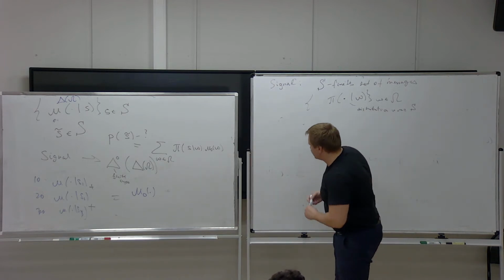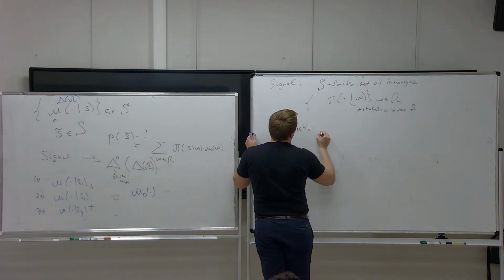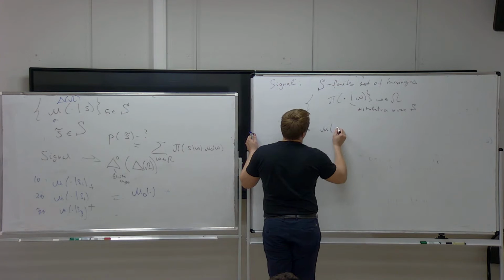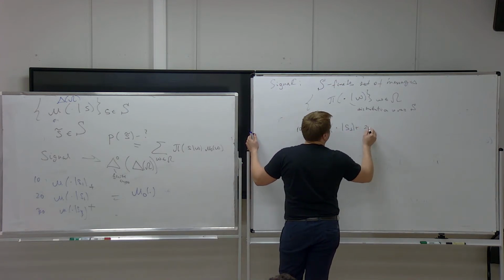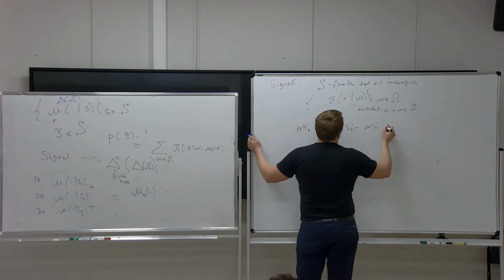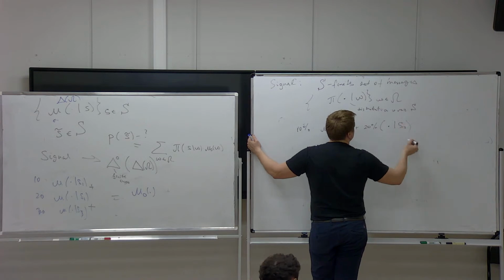So I have 10% mu conditional on S1 plus 20% mu conditional on S2.